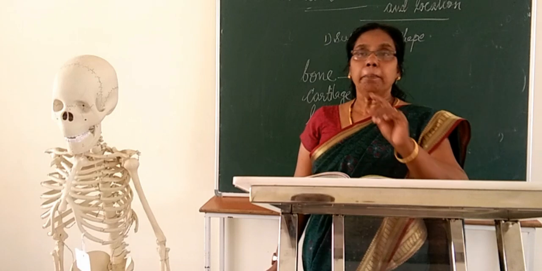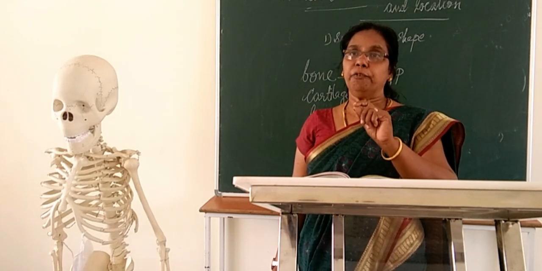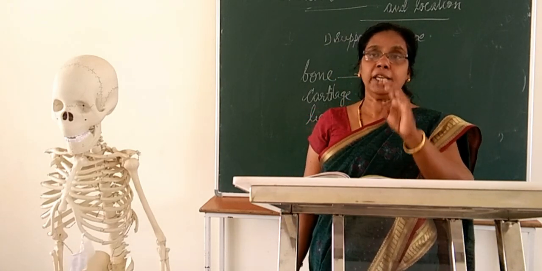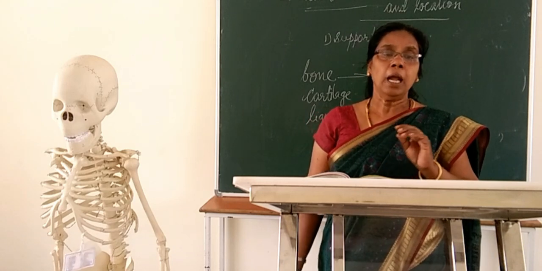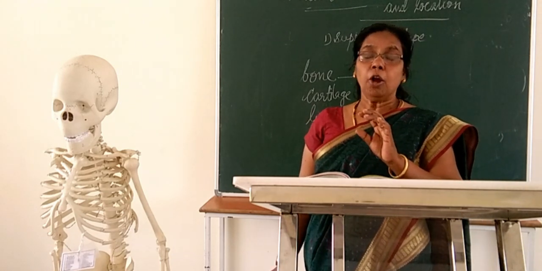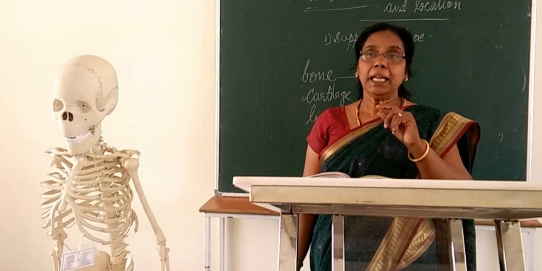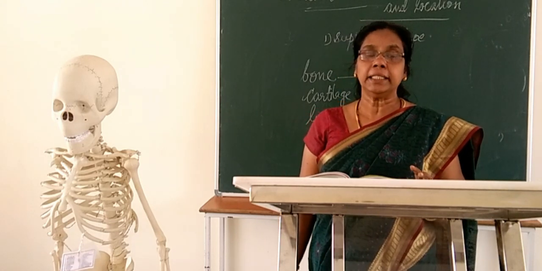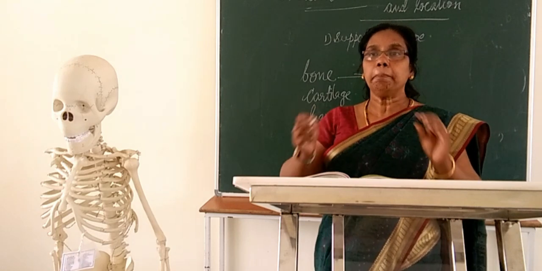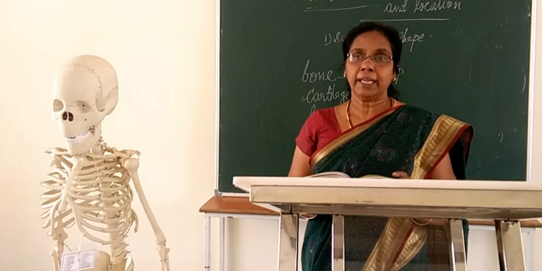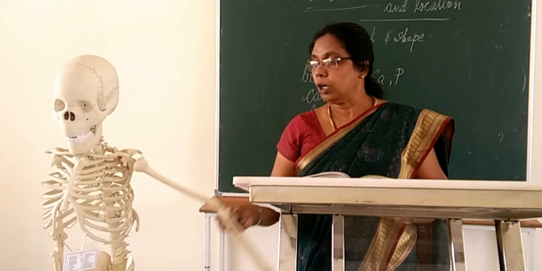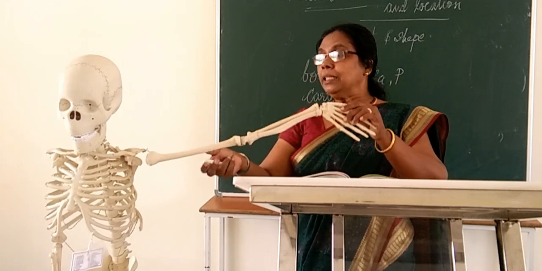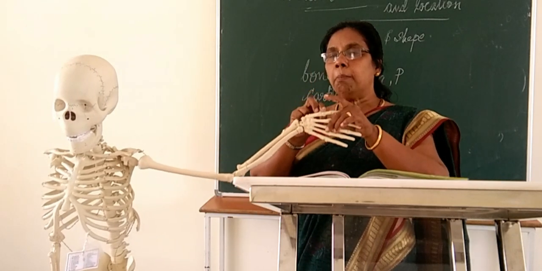Okay, if a bone is placed in weak or dilute hydrochloric acid, what will happen? The mineral part will be dissolved in the acid and the bone becomes very soft. This is not an original bone, this is a small bone.